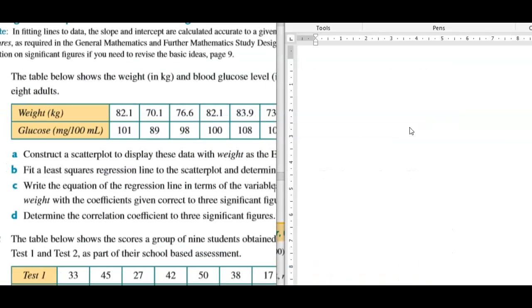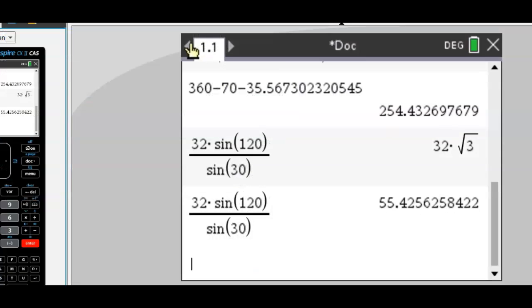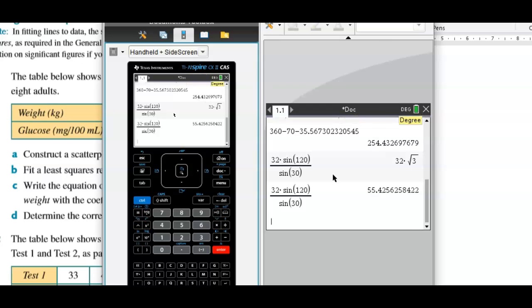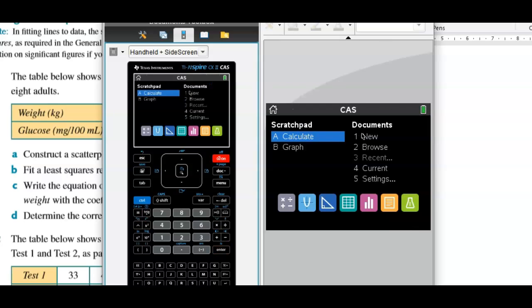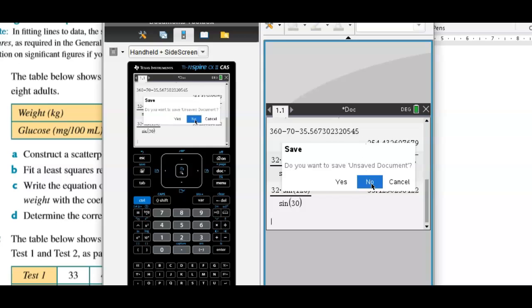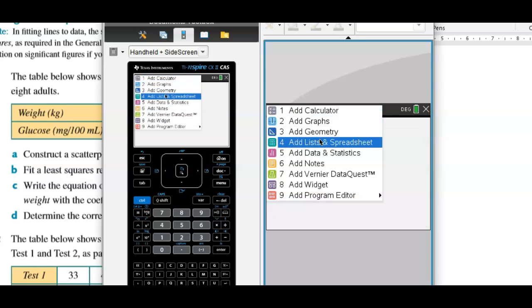Okay, so let's get my calculator up. I'm going to clear that, we don't need it. I'll make it smaller too. So, new. When you're doing stats, it's always a good idea to start a new document. Otherwise, you're going to have so many variables on your calculator that you can get confused.